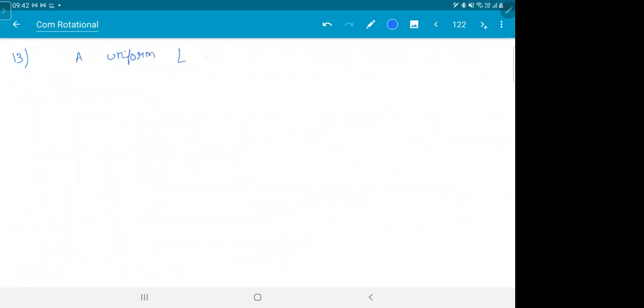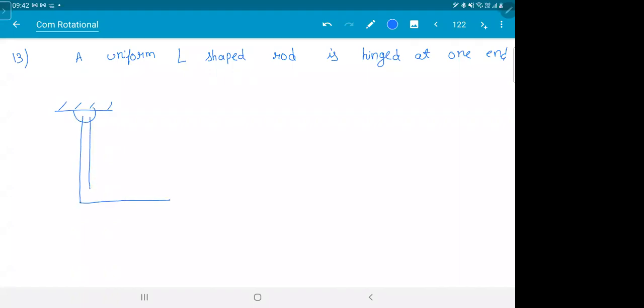A uniform L-shaped rod is hinged at one end. So this is ML, ML. But it doesn't stay like this.